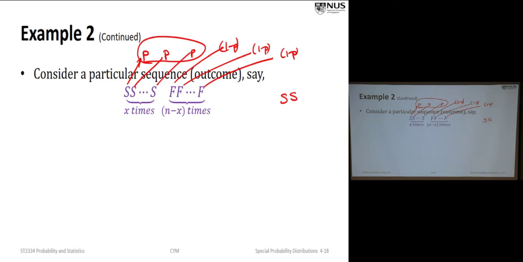Is it always true? No. When is it true? This magic word. Thank you. Independent. The probability of A intersect B equals the probability of A times the probability of B when the events are independent.